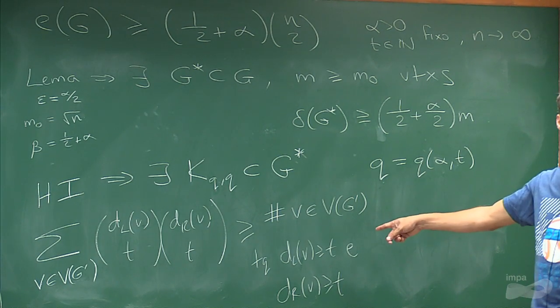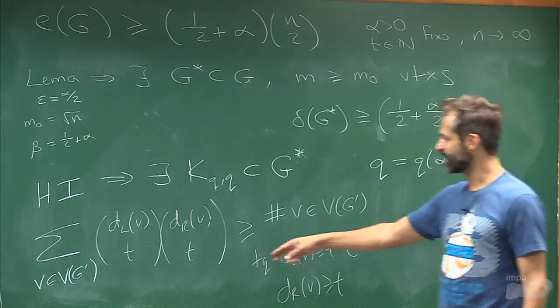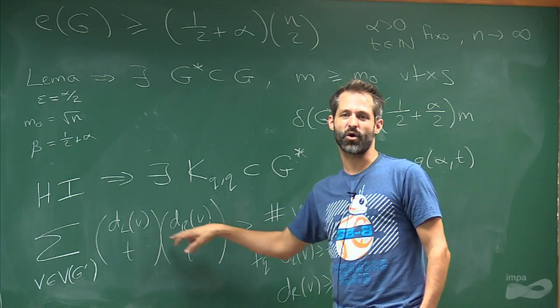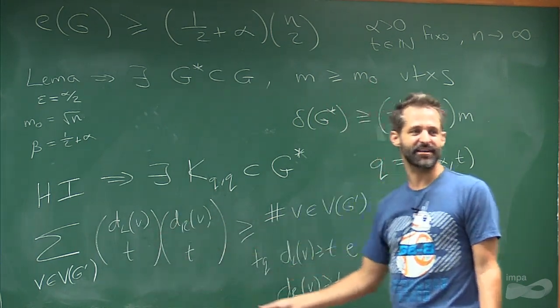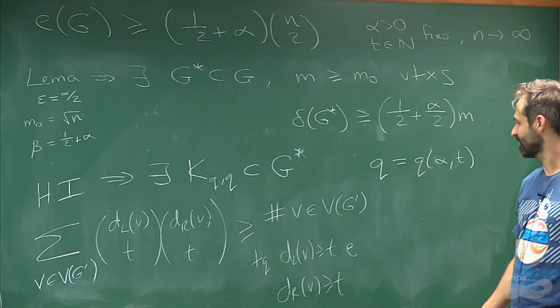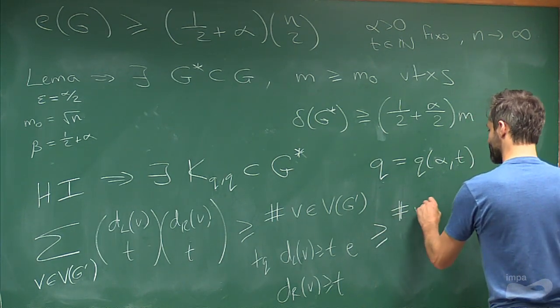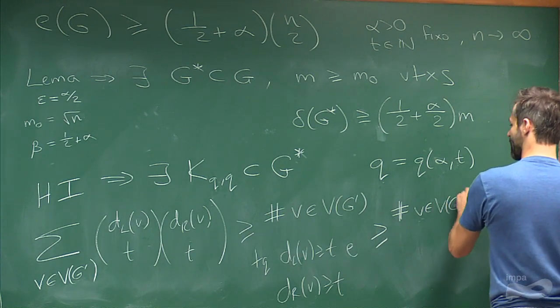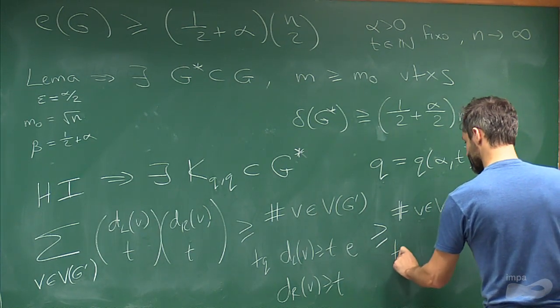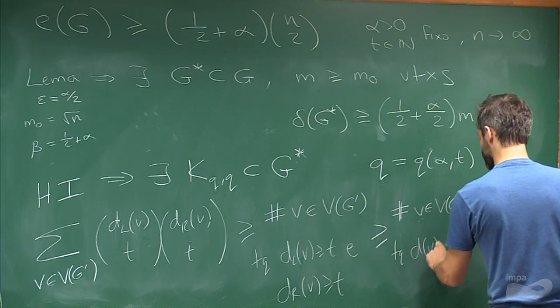Take a silly bound. So I'm just replacing these by 1 or 0, just 1 if they're at least t. And even sillier, this is at least the number of vertices in V(G') such that the degree of v is at least what?